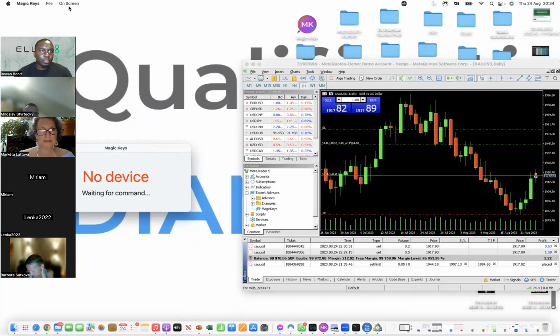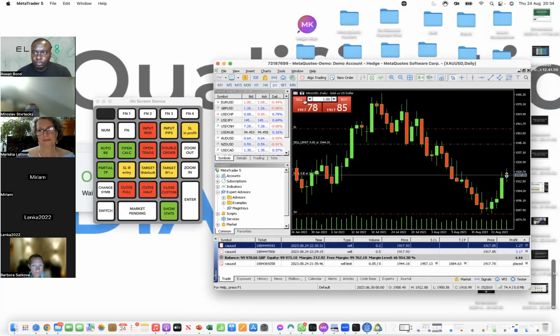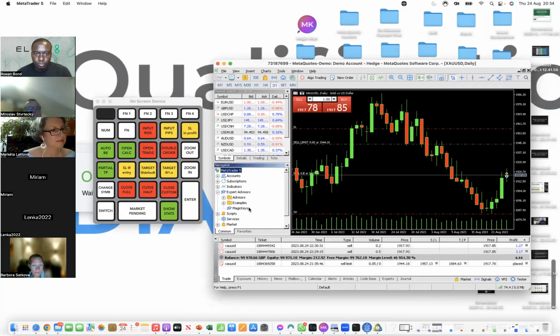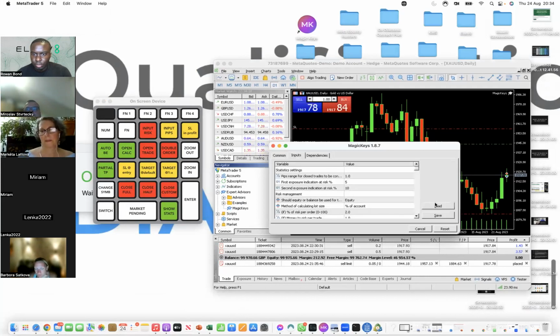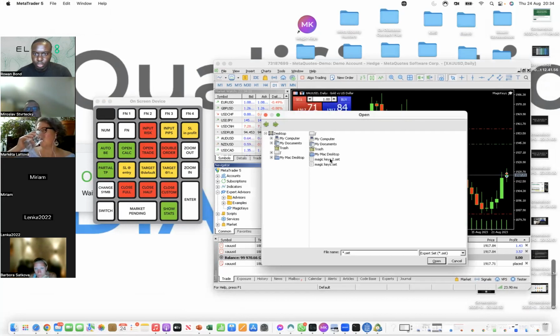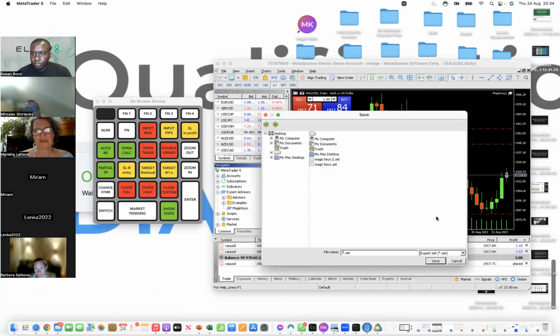Can you see my screen? Yes. I'm going to show you how Magic Keys works. Tak, ještě dneska nám teda ukáže, jak fungují Magic Keys.